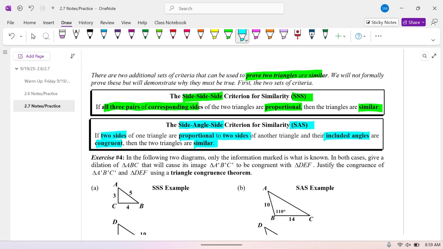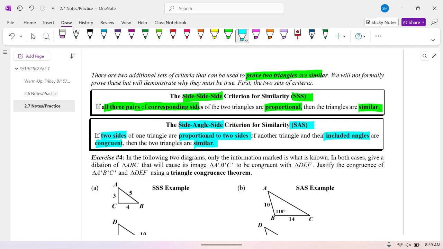So why do these make sense? Well, side, side, side makes sense because if all 3 sides of both triangles, if those proportions between their corresponding sides end up equal to each other, well, we know that similar figures are just essentially a dilation of the original.